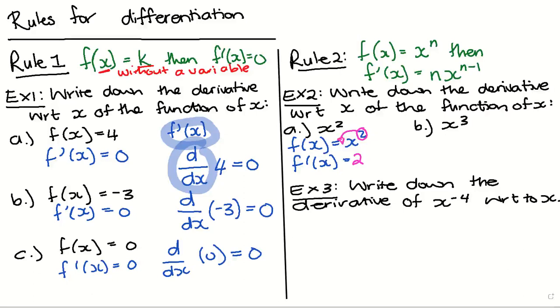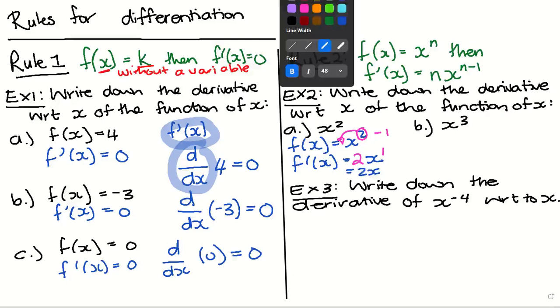So we're still multiplying it with the x. And what do we end up doing? We take 1 away from that 2. 2 minus 1 ends up being 1. So we can write the derivative of this as 2x. Not too difficult, right?